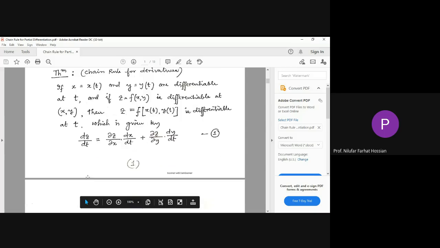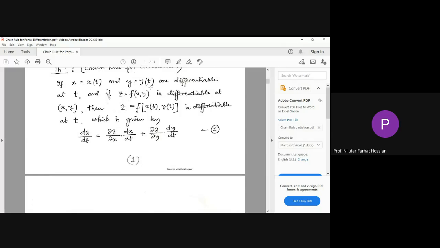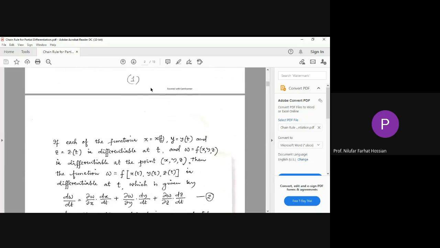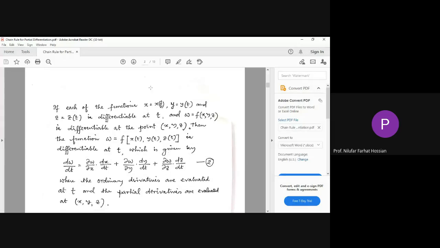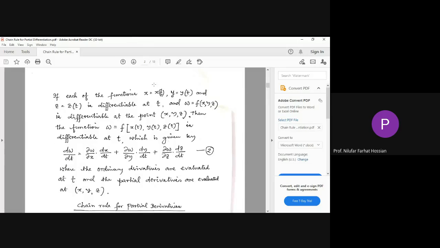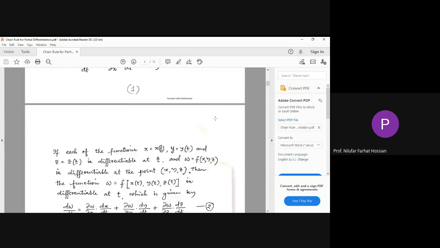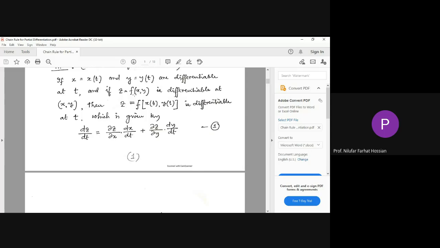Now, instead of this only one variable t, if you have two variables, that means if x is a function... before going to the two variables, here we have considered w as a function of x, y, and z. So in that case, there will be three terms. Here z was a function of x and y, and x and y were functions of t.